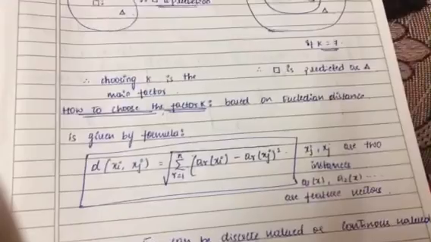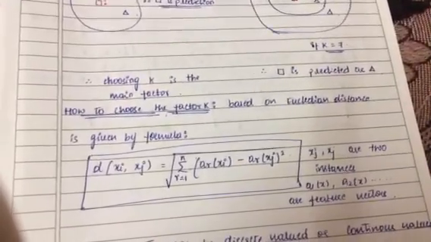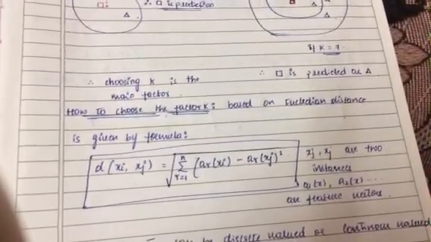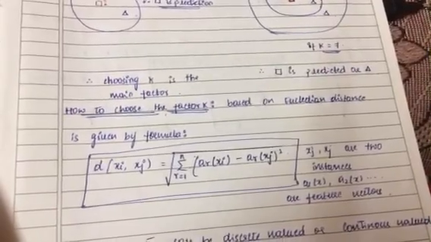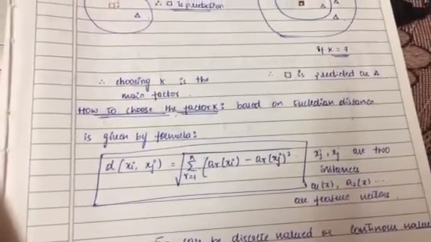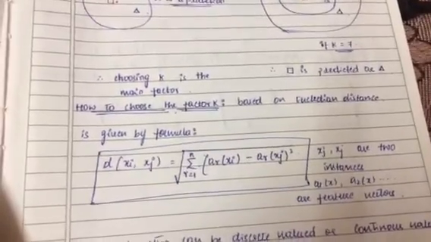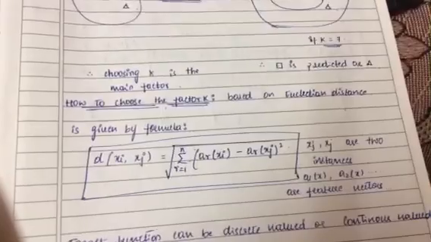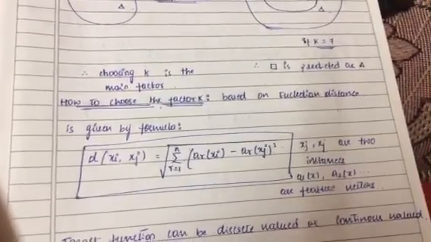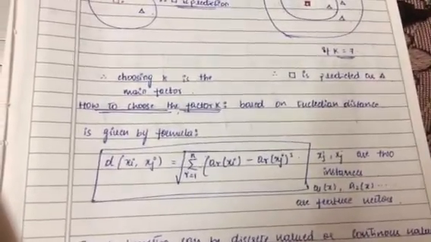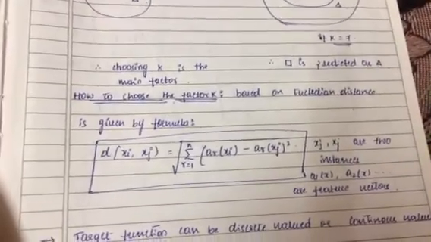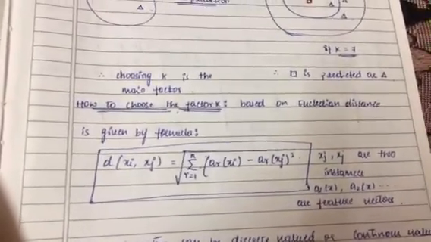The KNN algorithm is based on feature similarity. We all know that. Choosing the right value of k is a process called parameter tuning, and it is important for better accuracy. So choosing a k value is a main important factor. Now the k value is chosen based upon a formula called the Euclidean distance formula.